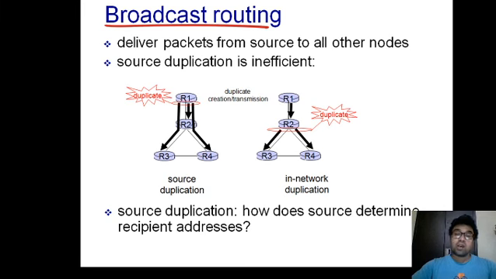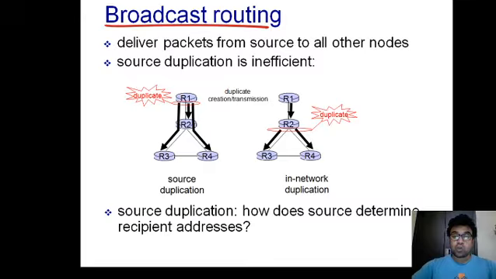Multicasting means in a particular network, instead of unicasting or broadcasting a particular information, you are providing that information to a number of nodes present in that network.